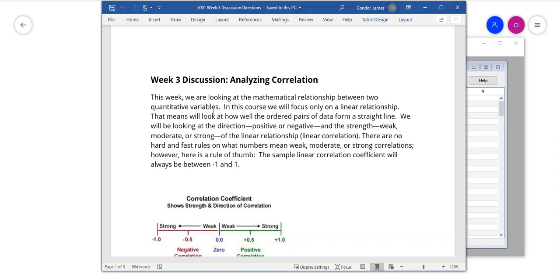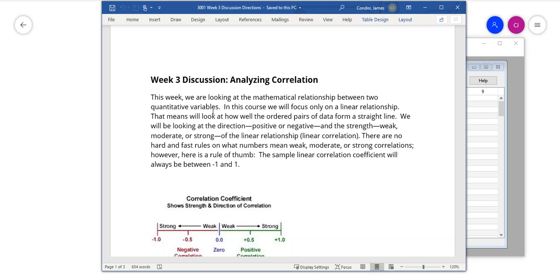With linear correlation, you don't have all the points fall in a straight line fashion. So what we have to do then is decide, well, how close do they fit that line in a sense? And that's what we talk about.